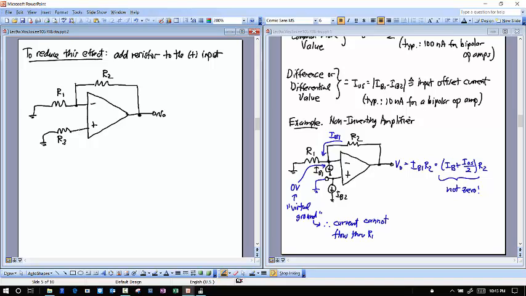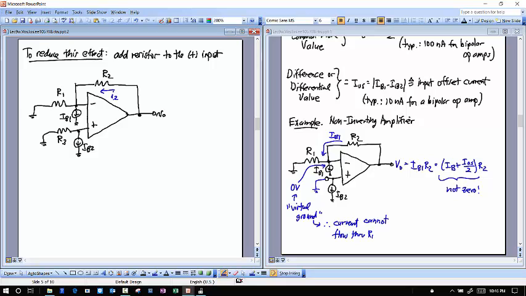Okay, and as before, this is a non-ideal op-amp, where the only non-idealities we're assuming it has are these input bias currents. So I'm going to draw them in. Okay, but now we have a slightly new circuit. And so we now have a situation where we are still flowing current through R2.